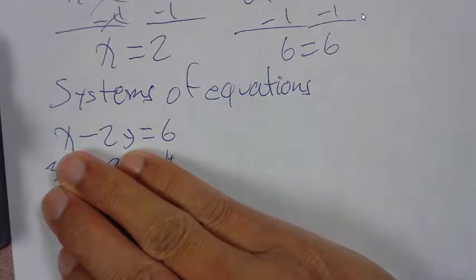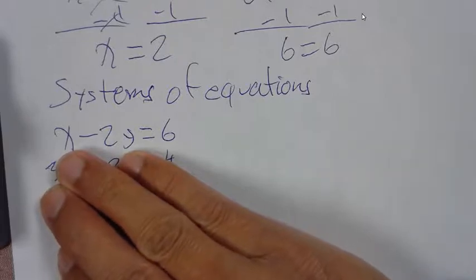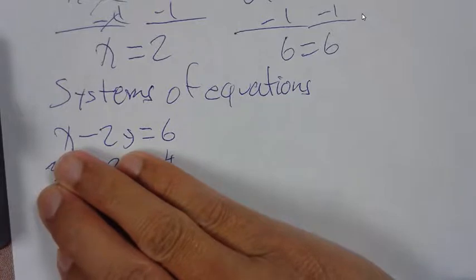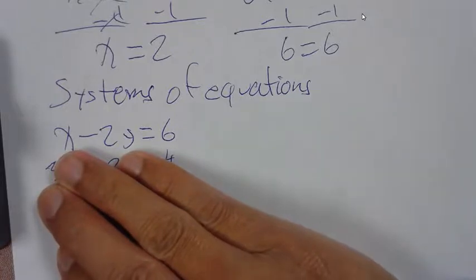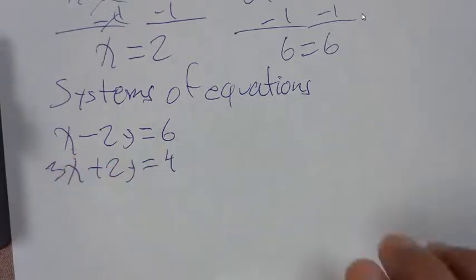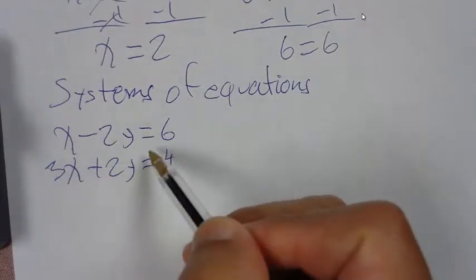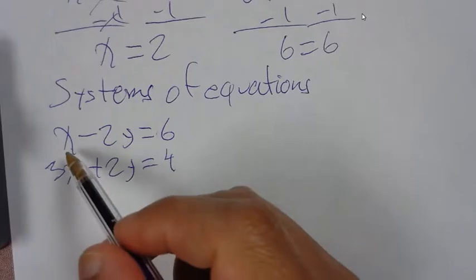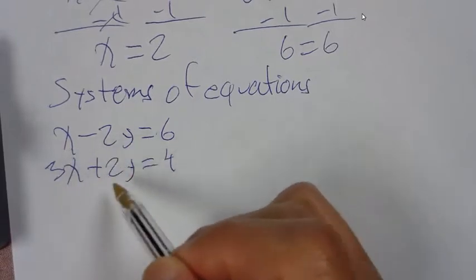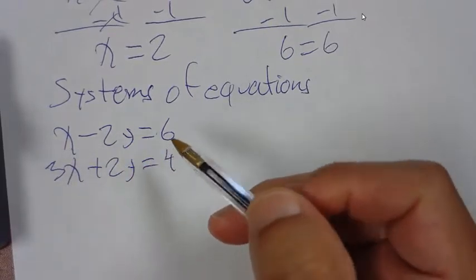You would get zeros on both sides and all kinds of different things, but you would never be able to solve for x and/or y. Therefore, we need two equations in order for us to be able to solve for two different variables. All right.